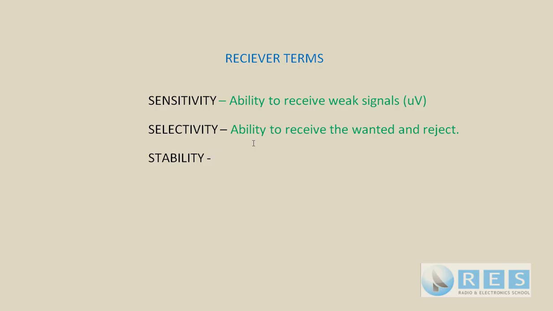It will wander all over the place in frequency, and a transmitter will do likewise. So stability is the ability of a receiver not to drift in frequency.